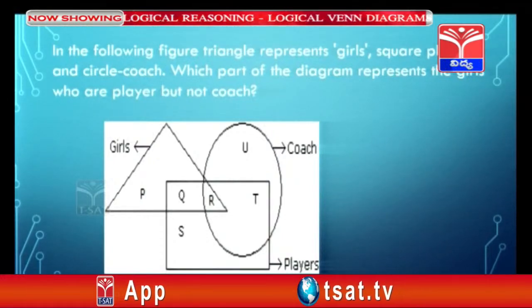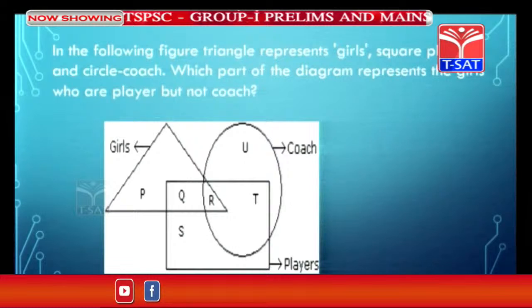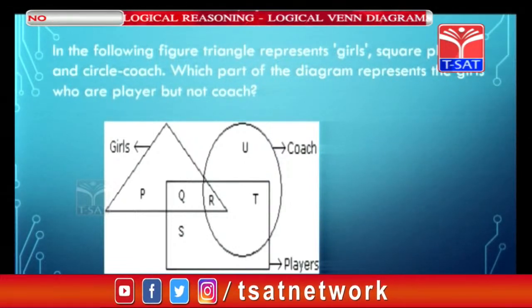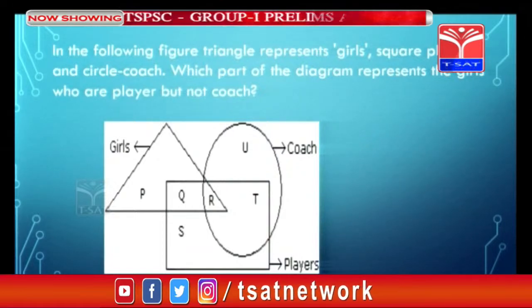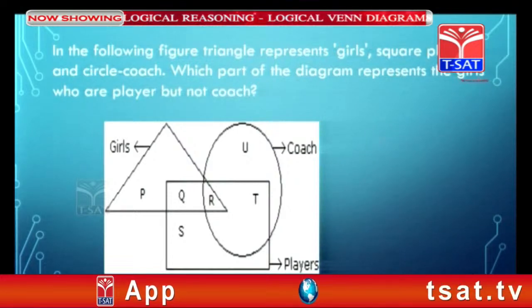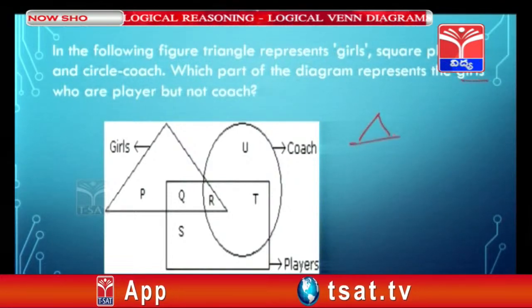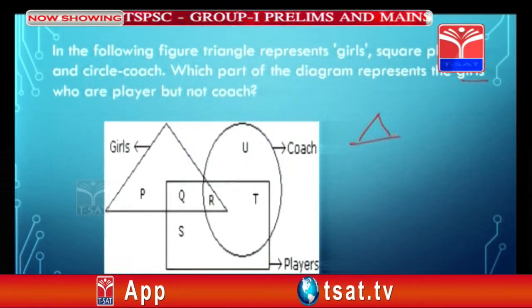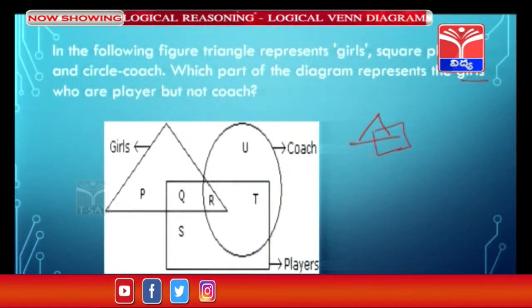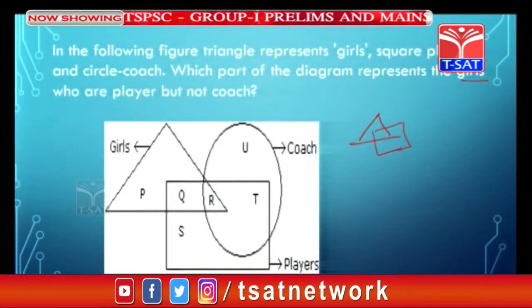Triangle represents the girls. The question asks girls, which means triangle, and players, which comes under the square, but not coach, so it should not come under the circle because they are not coach.